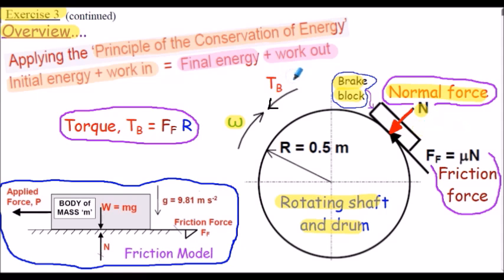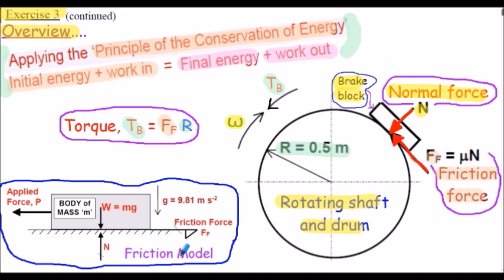So the first thing we need to do is to calculate the braking torque, which we can find if we apply the principle of conservation of energy as we have in previous exercises. Once we've applied the energy balance, we will be able to find TB, and knowing the radius of the drum, R, stated in the question, we'll be able to find the frictional force required, Ff, shown here.